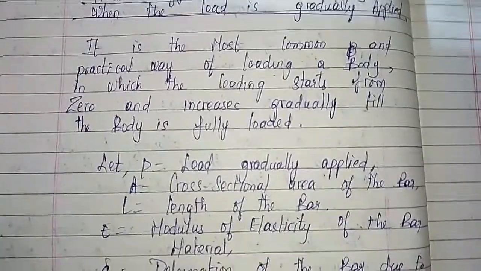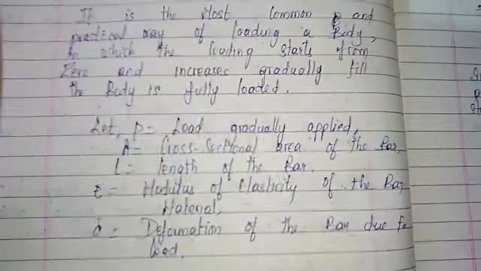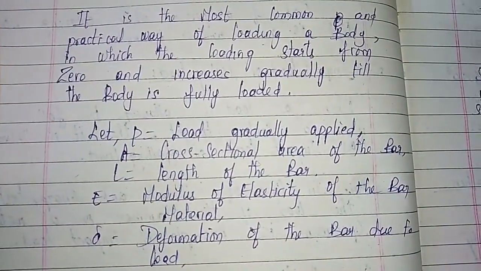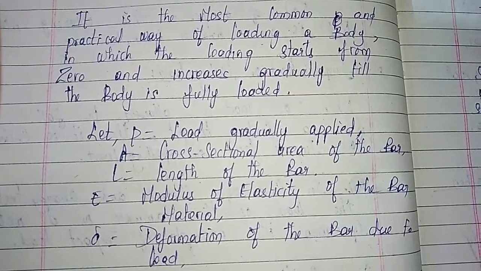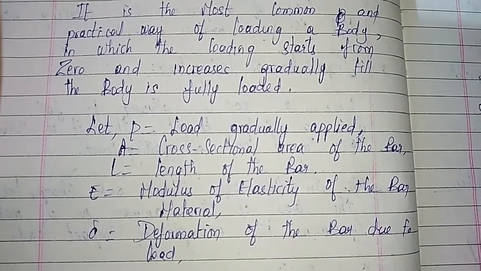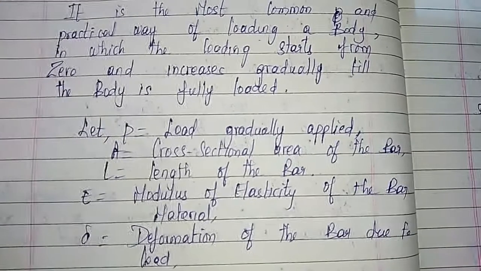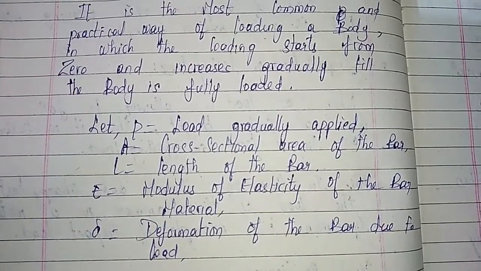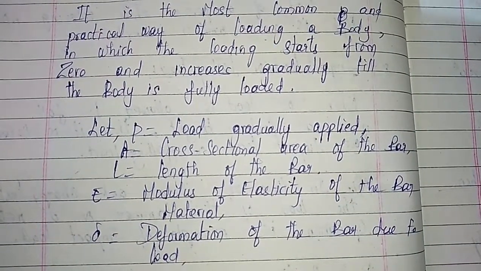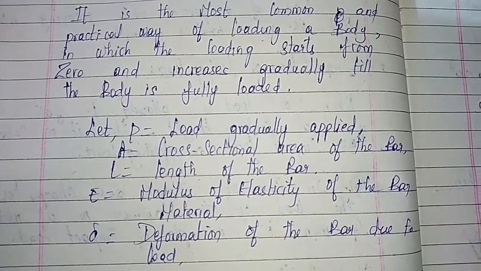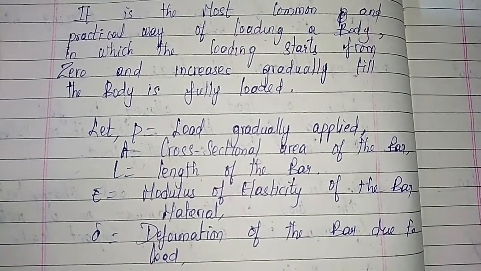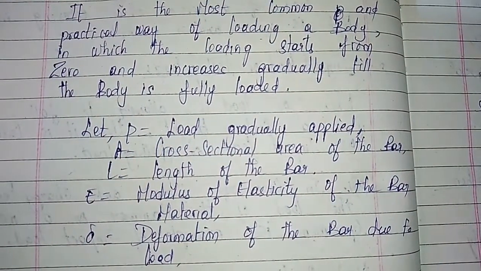Okay. So now we will consider some particular things. Let P be the load gradually applied. So the gradually applied load we are going to take as capital P. A is the cross sectional area of the bar, on which we are going to apply it. L is the length of the bar. E is the modulus of elasticity of the bar.